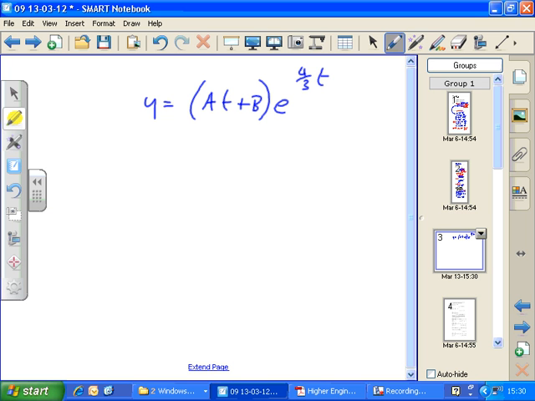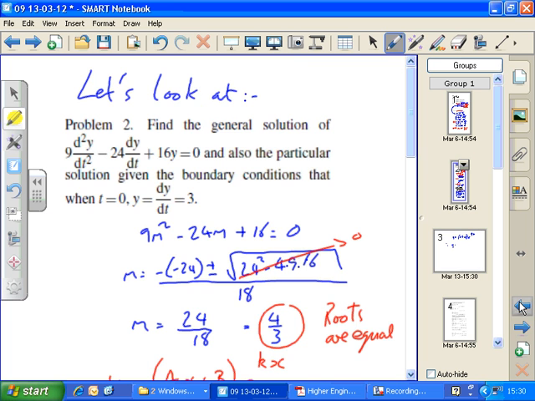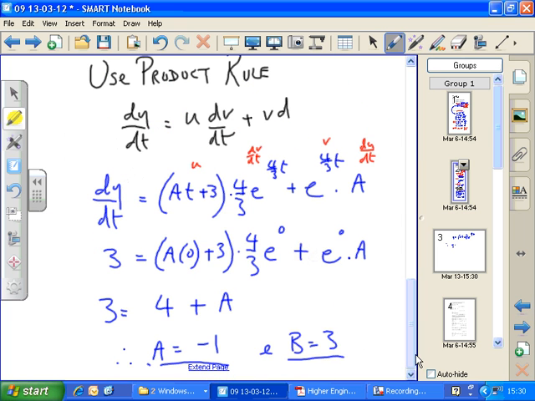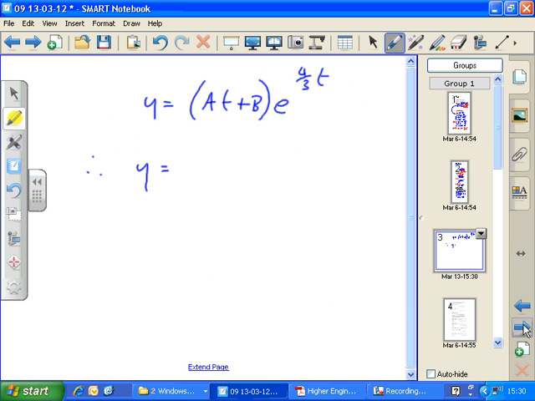So therefore, the particular solution is y equals a, which was minus 1, and b equals 3. So a equals minus 1 and b equals 3. So we can write b minus t e to the 4/3 t. And that's the particular solution.